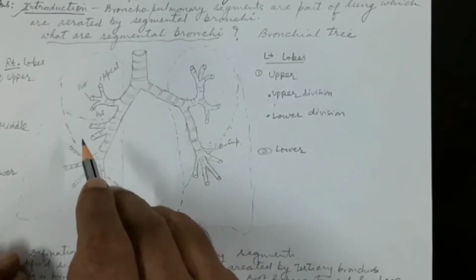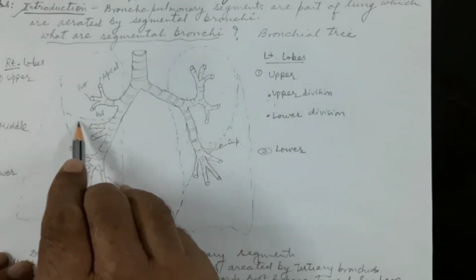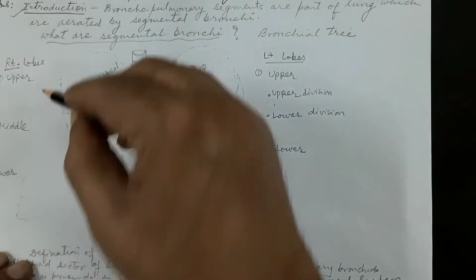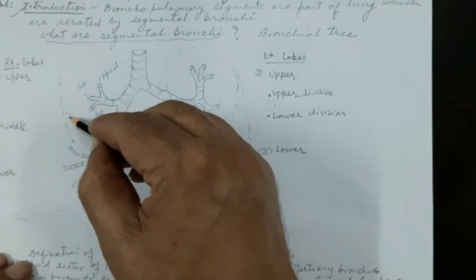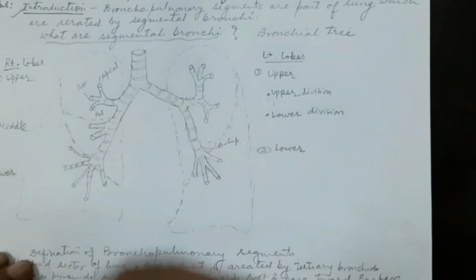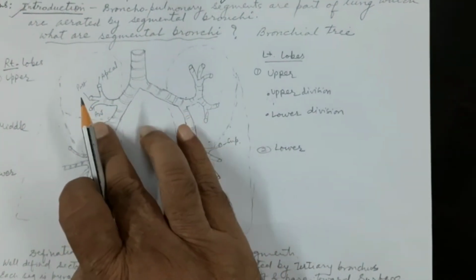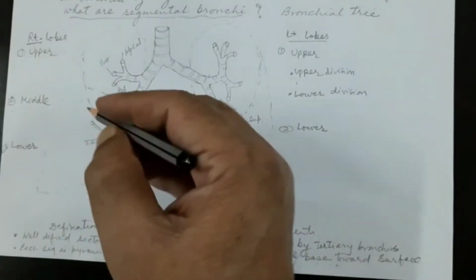Then this is the middle lobe, which lies between the horizontal and oblique fissures. This is the oblique fissure, this is the horizontal, and this small portion is the middle lobe of the lung.